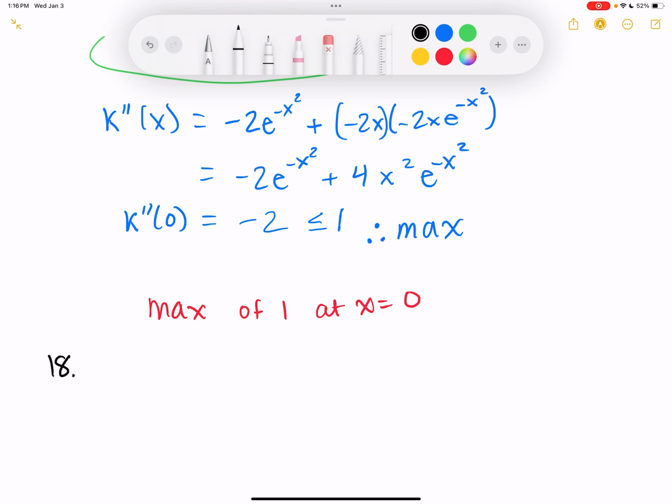All right, 18. Same thing, just another problem with this. f of x is equal to x to the 3/5, with -2 less than x less than or equal to 3. Oh no, not a fraction.